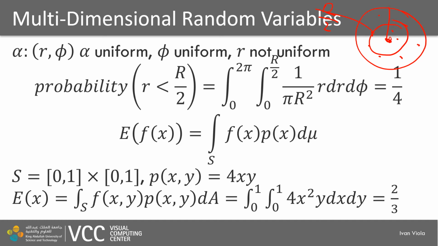If it's a random variable, then we can perform the integral with r smaller than r half, and we are multiplying the probability density function, which we have defined, with the surface area differential, the measure for polar coordinates.